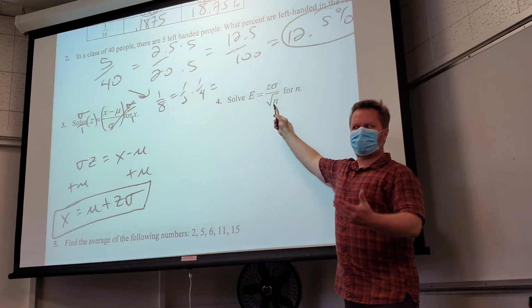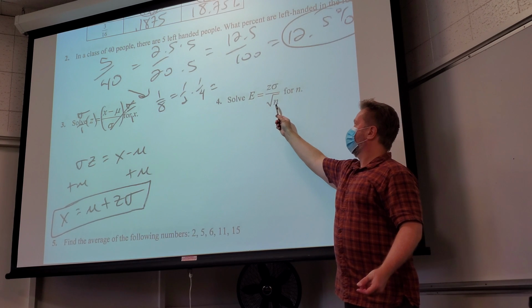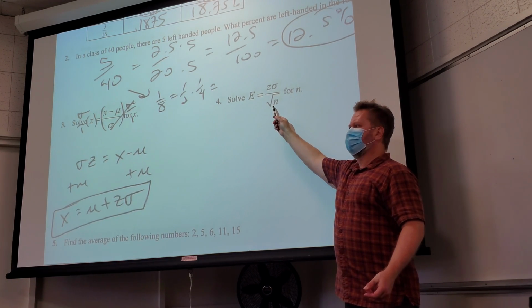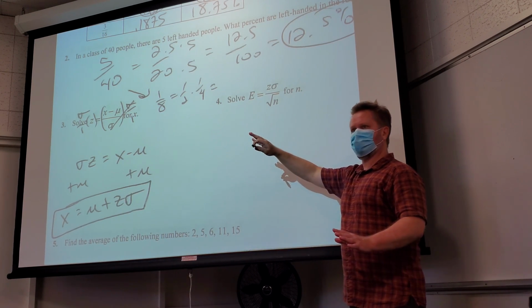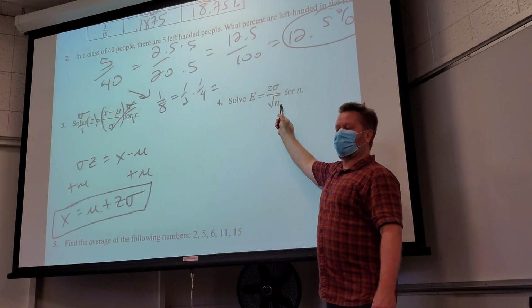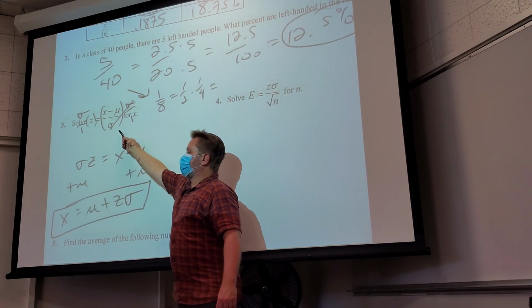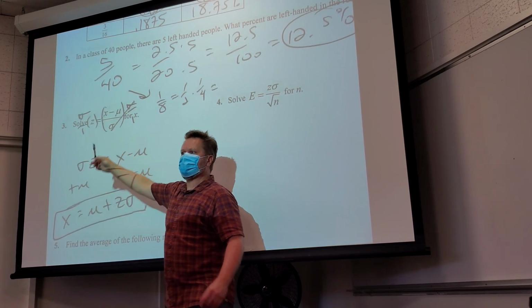So what's a good first step then? Multiply by? Do you like the n being down here? No. Over here, did we like the sigma being down there? No. So what did he do? He multiplied by it to kill it, so it's not down there anymore.